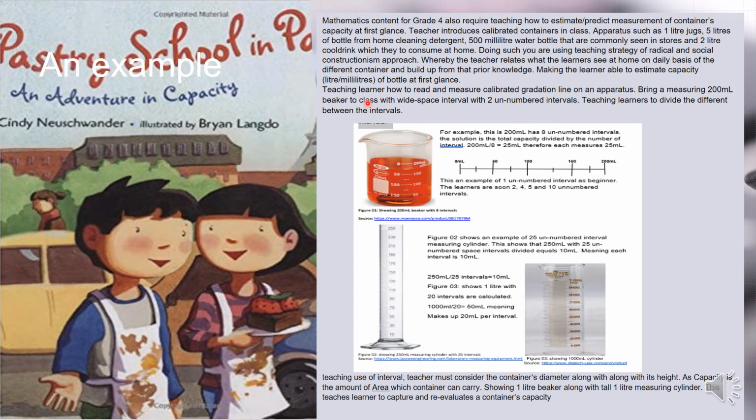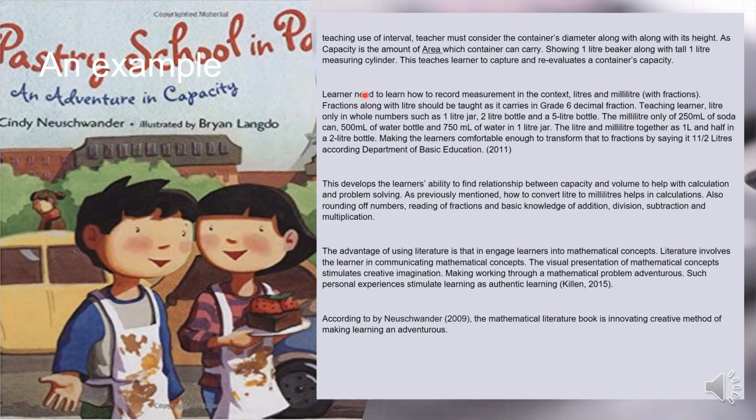The learner has to read the calibrated lines of the apparatus. As you can see, there's a beaker, a cylinder, another cylinder, showing a lot. The need to record measurements and content, and develop the learner's ability to find the relationship between capacity and volume to help calculation and problem solving, is mentioned.